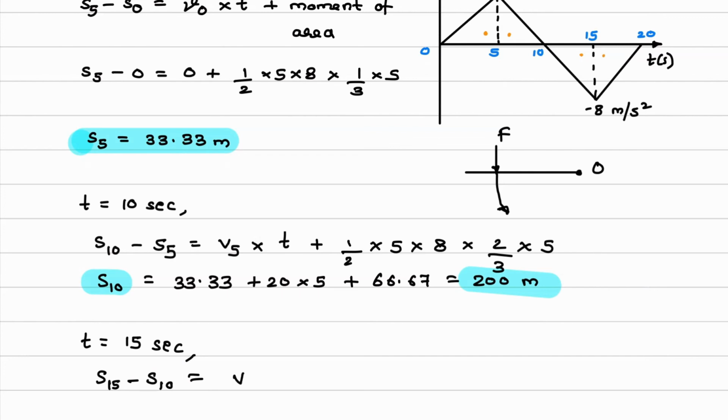So V10 into that time, this time we have to consider, plus moment of area. Now what is this area? This is a triangle, so it will be half into base is 5 and height is -8.